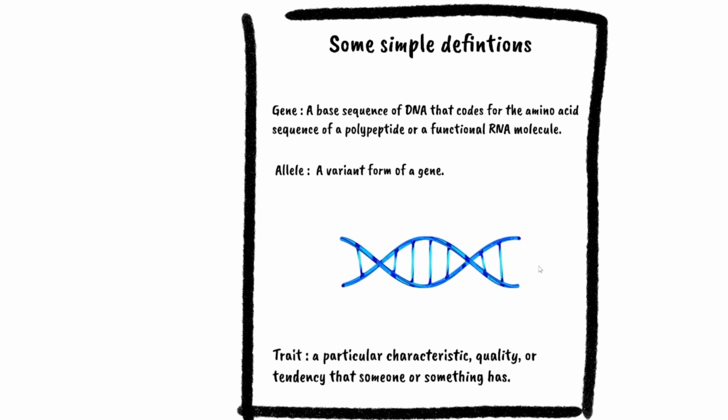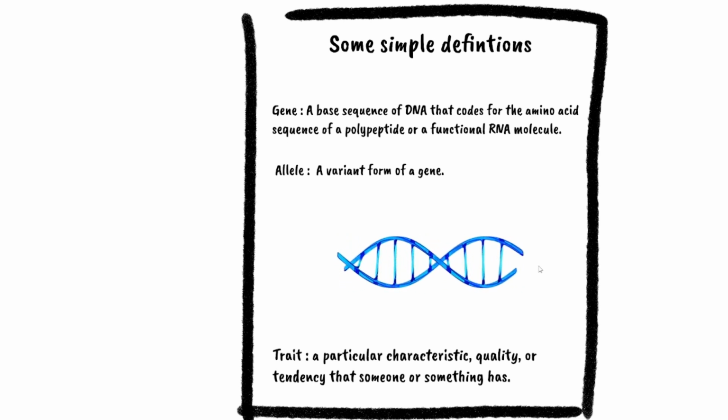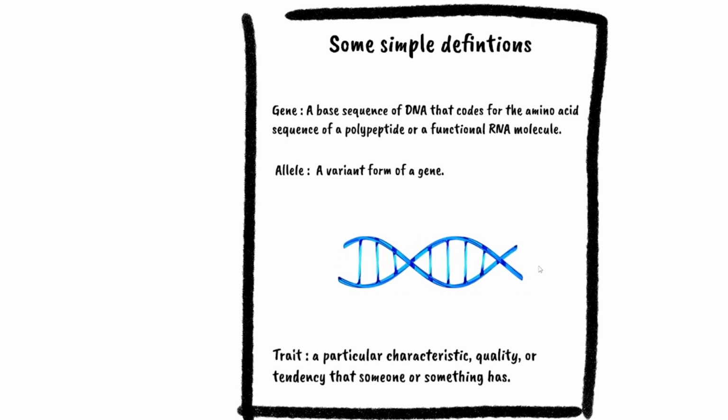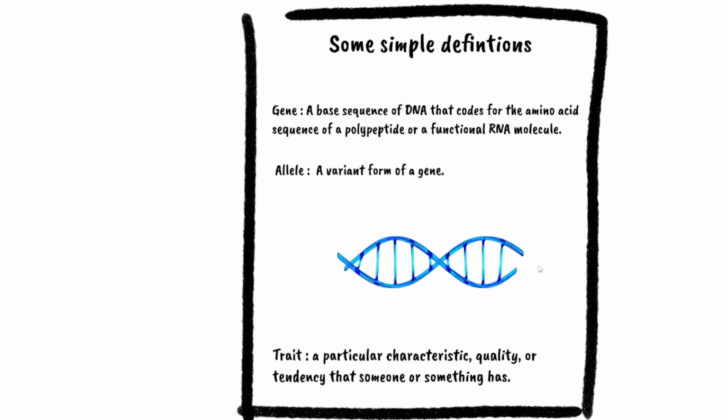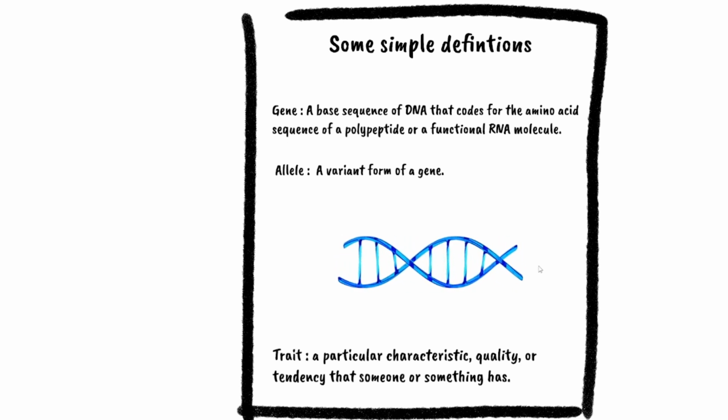Allele, what is an allele? An allele is a variant form of a gene or a variety of a gene. For example, if there's a gene that's coding for hair color, and the color on the gene is black, now there's gonna be another variety of the same gene. There's gonna be another color for it.